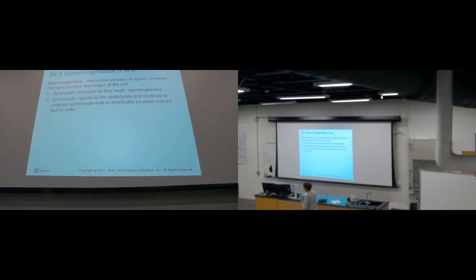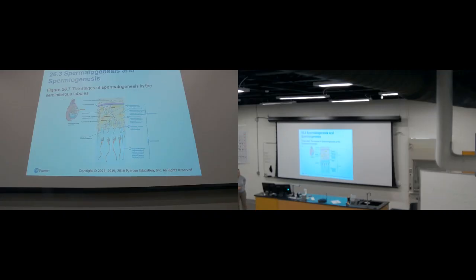So the spermatids, which are the 4 cells produced after meiosis II has ended, have a quadrangular or circular shape, and then they start elongating and forming this tail. That happens during spermiogenesis, and it happens in the epididymis.